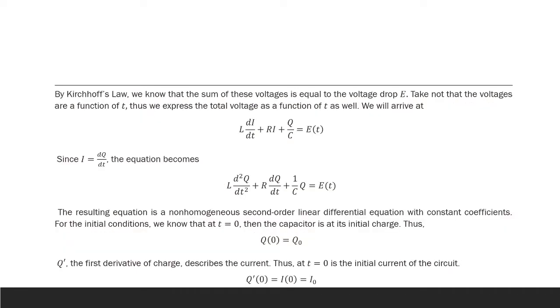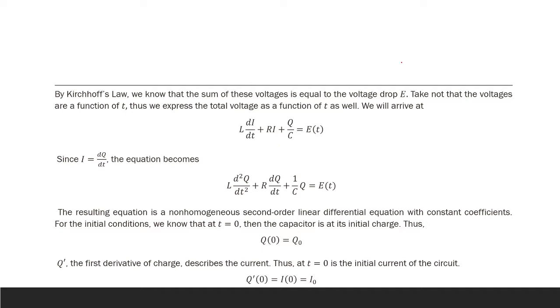So, if we apply Kirchhoff's voltage law, this means that the sum of these voltages is equal to the voltage drop E. Or to be exact, in a loop, the voltage drop is equal to 0. So, kapag nilipat mo yung E sa kabilang side, then equal siya dun sa lahat ng voltage drop ng bawat component natin.